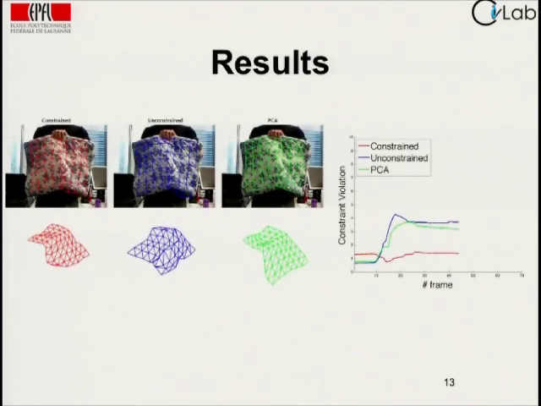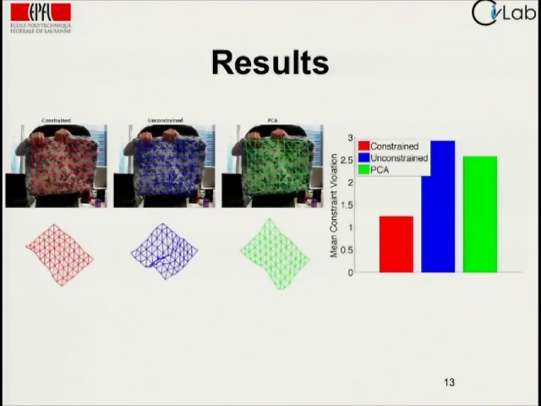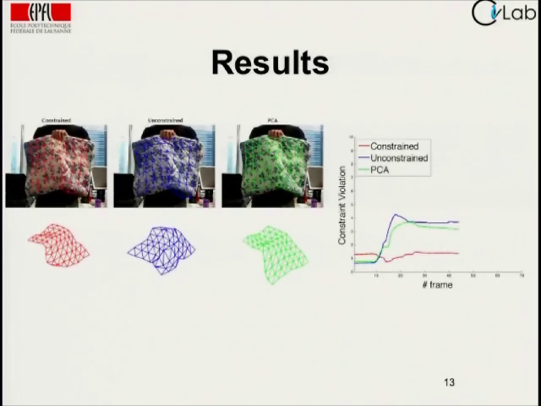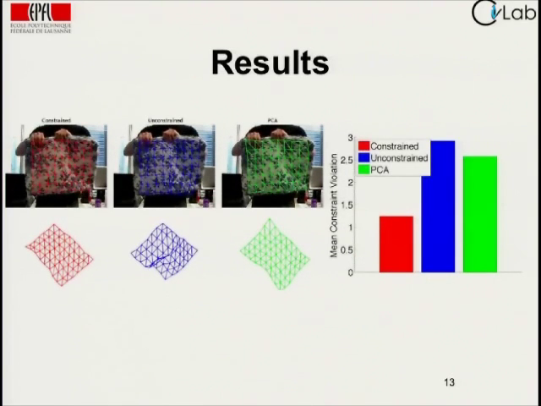What you can see is the reconstruction using three possible methods we've played with. Either you do it with PCA, or with the unconstrained GP, or with a constrained GP. And you get better accuracy when we impose this constraint during the training.